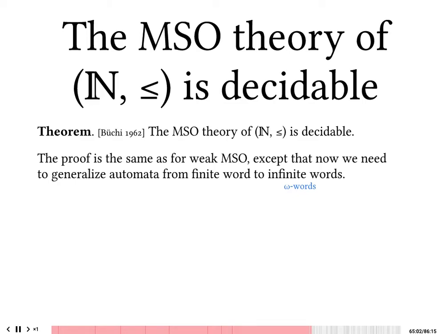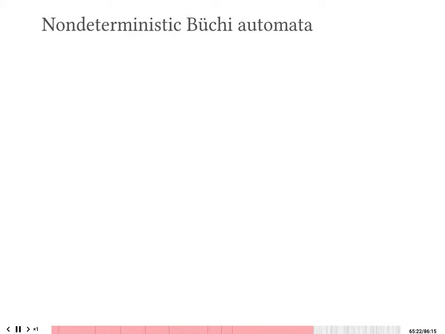This allowed him to prove the full MSO theorem. So what are these omega automata, so automata over infinite words? I know that there will be a tutorial tomorrow, the next tutorial by Orna Kupferman, about such things, so I will not go into too much detail, but at least I can give you an example.